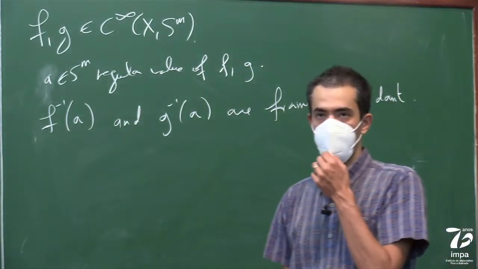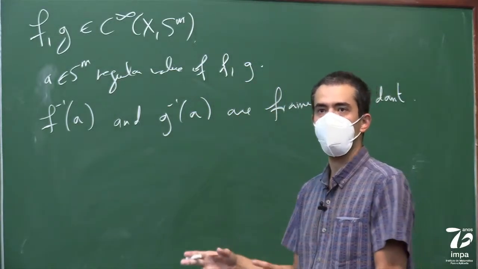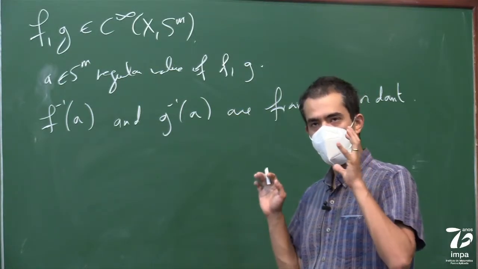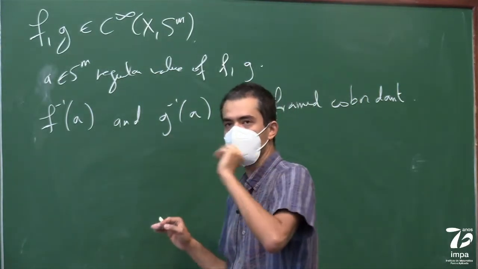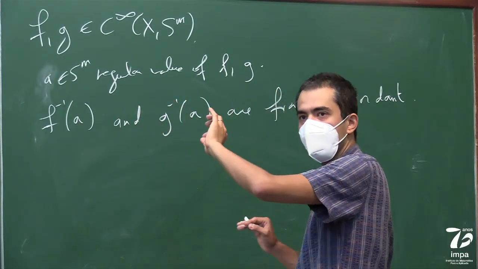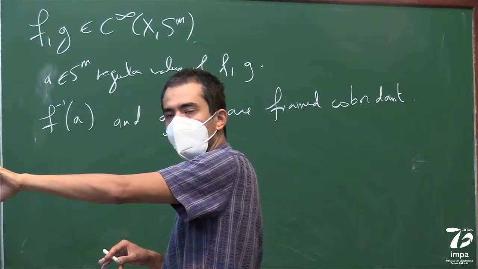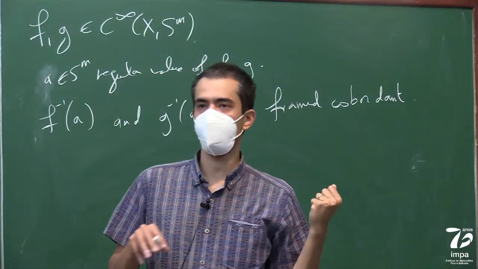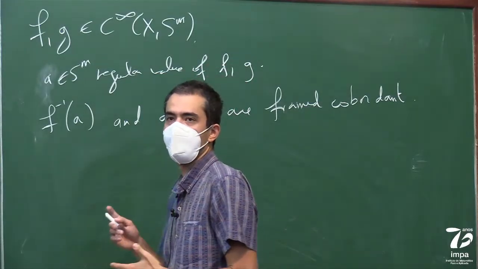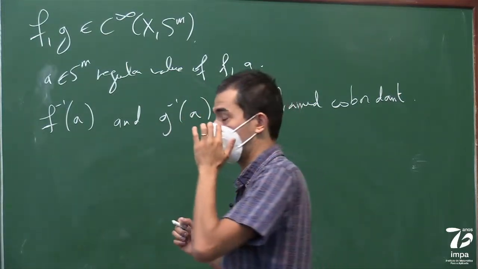Of course these come with the framing that comes from f and g, as I've explained a few times. The derivative of f induces an isomorphism from the normal bundle to the tangent bundle of S^m at A, and then if you fix just one basis there, you can pull it back to the normal bundle at every point on this preimage, and that will give you a basis of the normal space at each point. So a framing of the normal bundle.